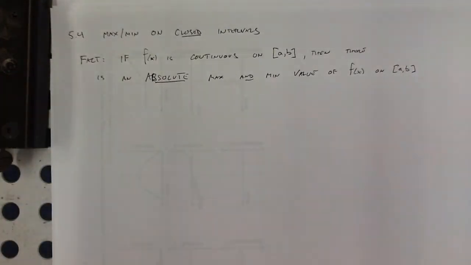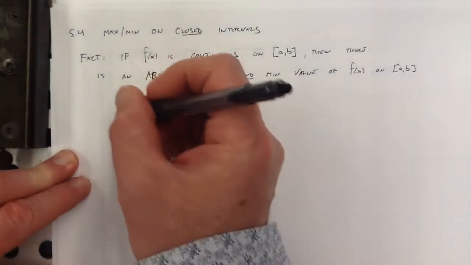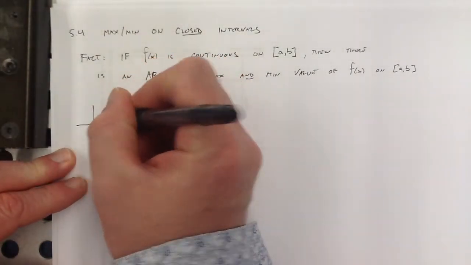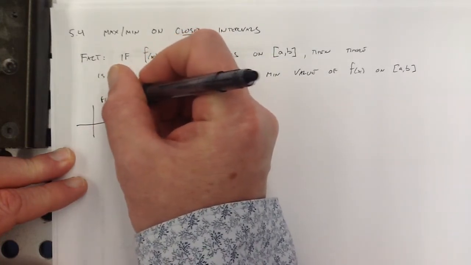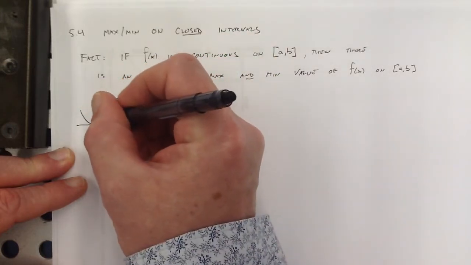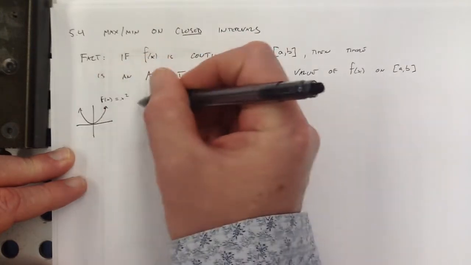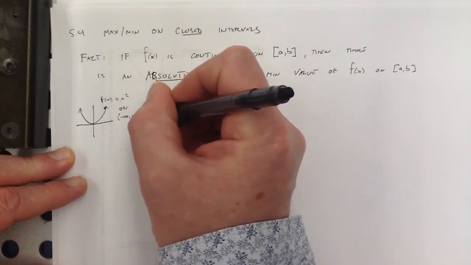So what's the big deal here? Isn't that generally true? Well, first of all, there's lots of functions. For example, let's say f of x is equal to x squared on the interval of all real numbers.